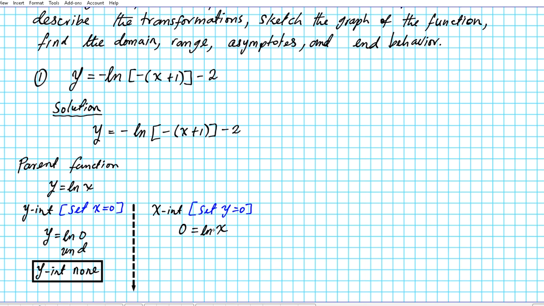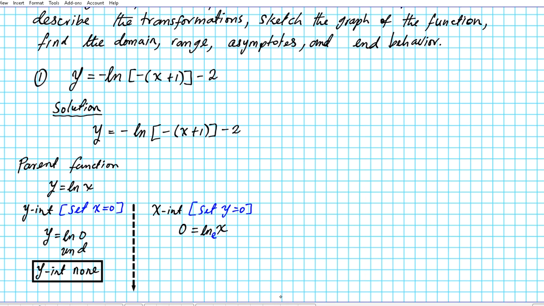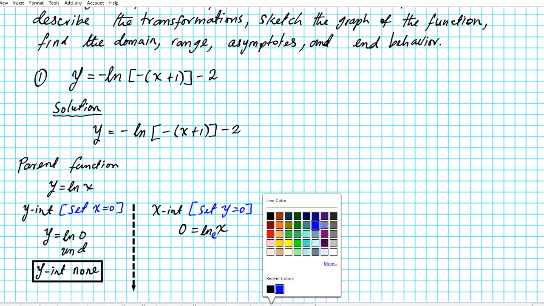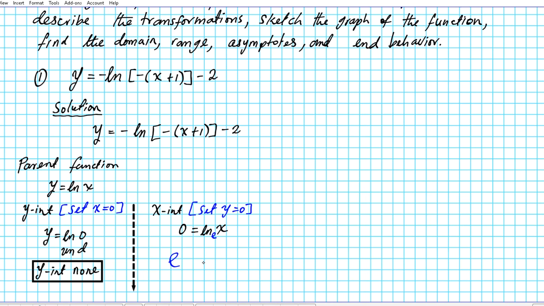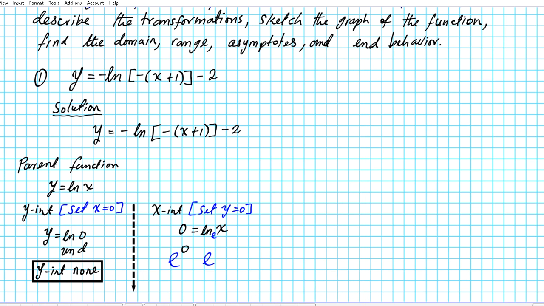Alright, so to get rid of the natural logarithm, we're going to use its inverse. This is log base e. The base is e. Imagine as though there's an invisible e here. So what we're going to do is exponentiate both sides using e as the base of our exponentiation. Put a big e on the left and a big e on the right. And then we're going to have e to the 0 equals e to the ln x.